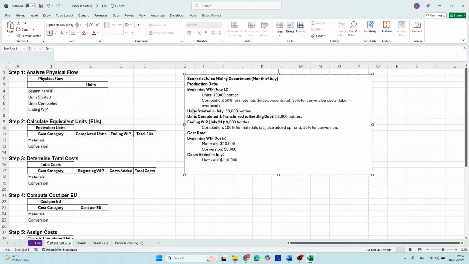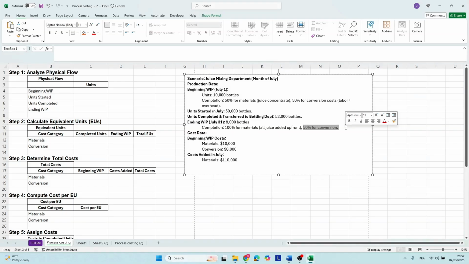During the month of June, we have 10,000 units started, 52,000 bottles completed, and we have work in progress at the end of June of 8,000 bottles. Completion is 100% for juice, all juice added up front, and 50% of conversions.